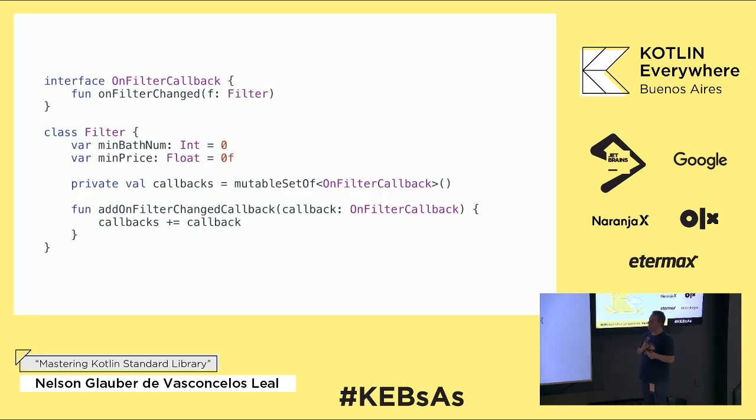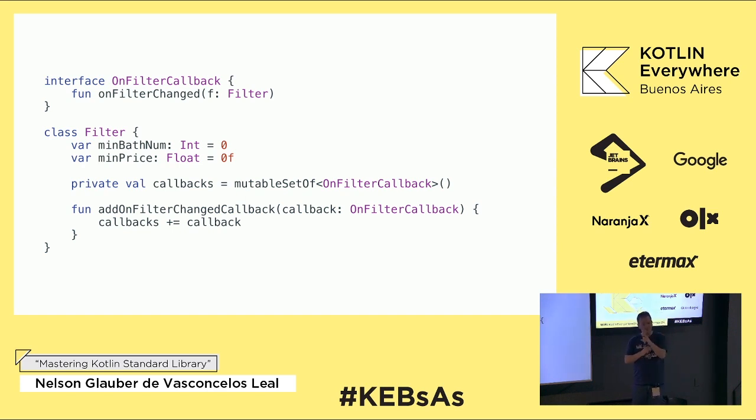This example I bring from my last project. I was working in an application to search houses. And you can search houses by the number of baths, value, the space, and a lot of parameters, the region, the city, and so on. So imagine that this Filter class has a lot of properties.